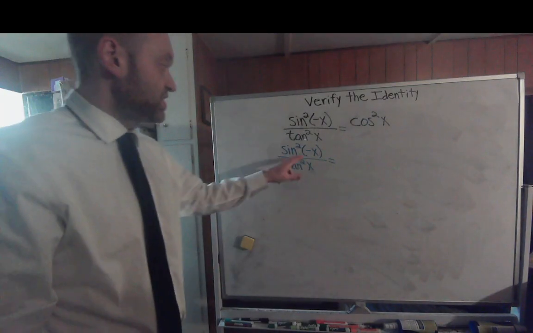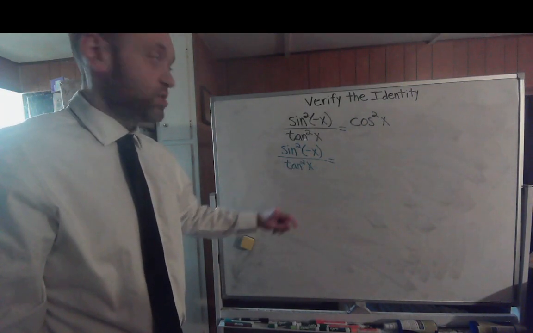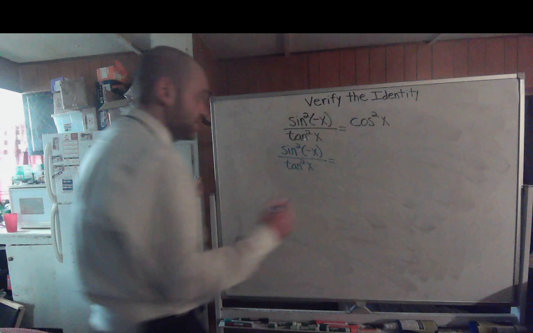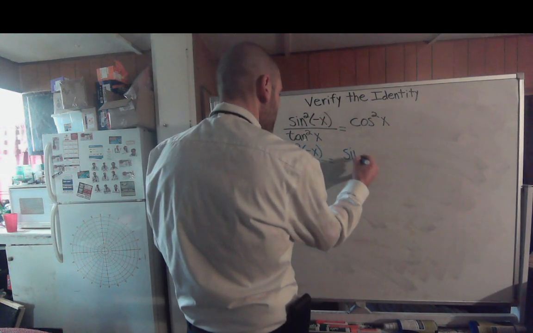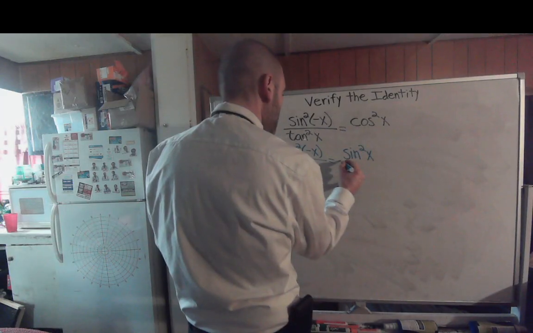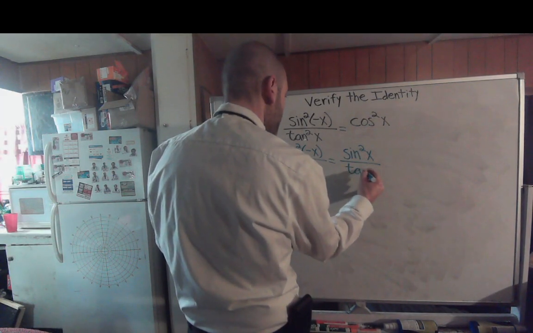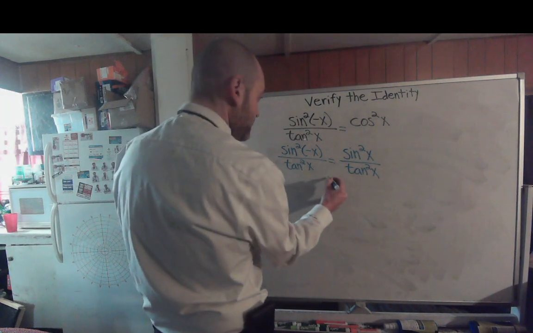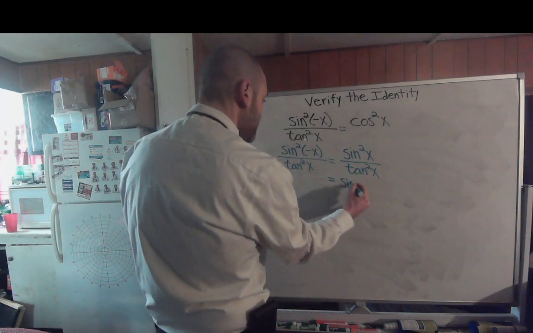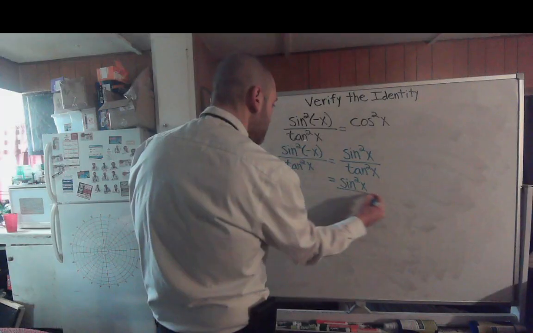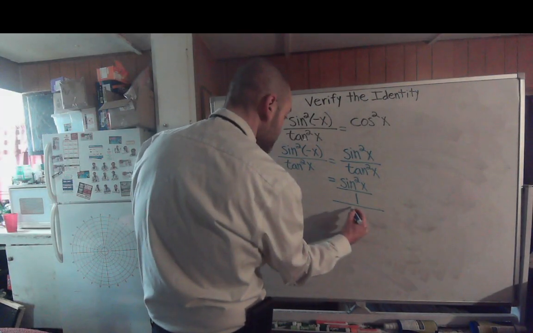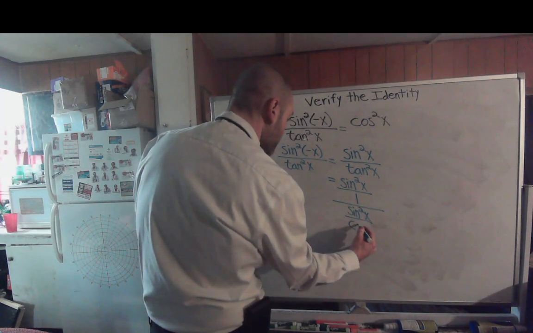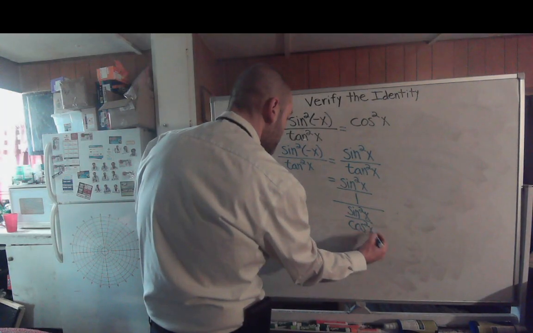Well, the sine of negative x, it's an odd function, right? So you would normally get negative of the sine of x, but if you square it, you'll get positive sine squared of x all over tangent squared of x. Now we can simplify that tangent, right? This would end up being sine squared of x all over 1 all over sine squared of x over the cosine squared of x, right?